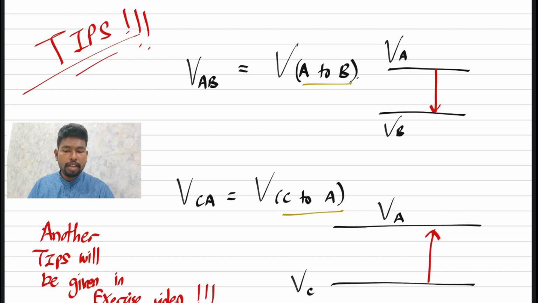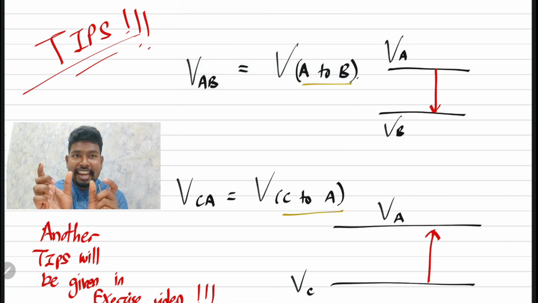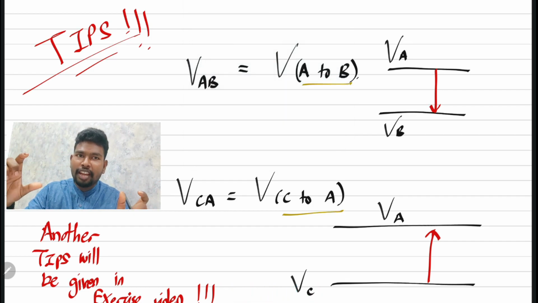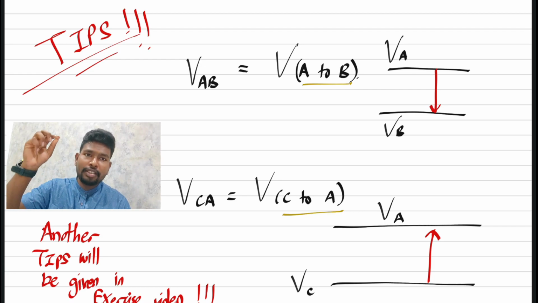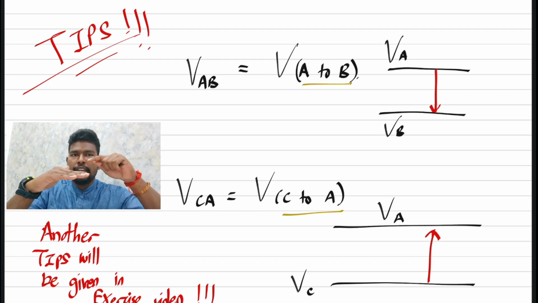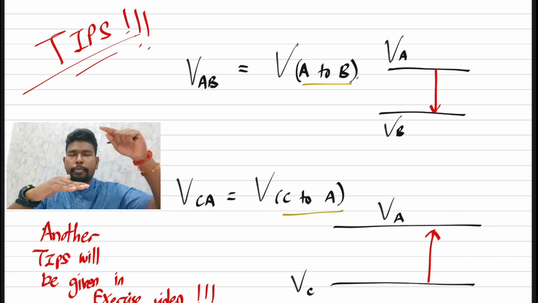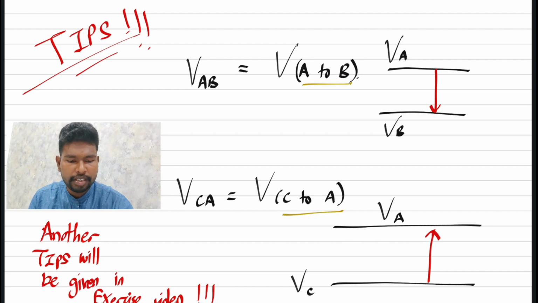VAB means you just separate the letters A and B, A going towards B, so the arrow should start from A towards B. If A is here and B is here, then connect A to B from down to up. If A is here and B is here, then it should go from up to down, top to bottom.